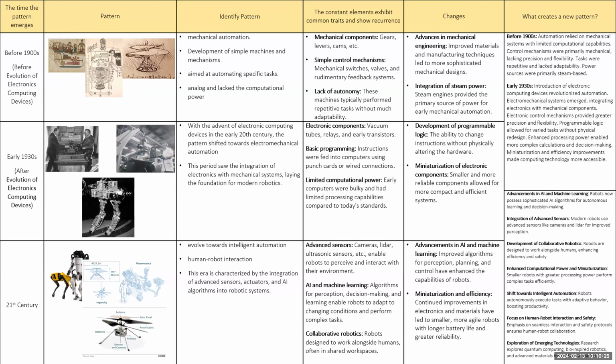So as you can see, back in the day we had mechanical robotic arms, all based on DC motors, and we had robots based on programming logic technology, with computational power that relied solely on a very huge hard drive and memory system. These are what create a new pattern between these two different eras.